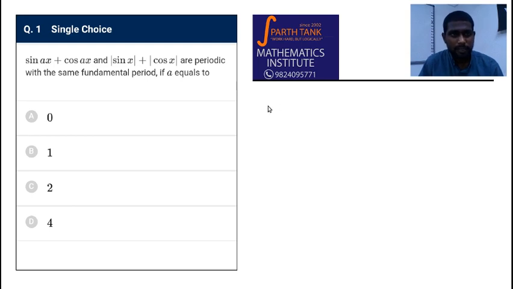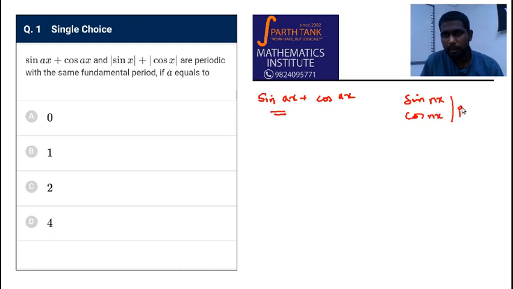The first question. Sin of AX plus cos AX and mod of sin x plus mod cos x are periodic with the same fundamental period if A equals to. First of all, sin AX plus cos AX. Now we know that both sin nx and cos nx are periodic with a period 2 pi upon n, right?